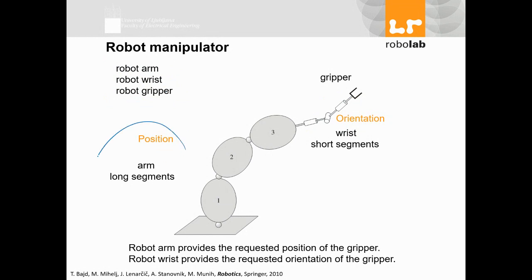Position is normally determined by the arm, and orientation is normally determined by the wrist. Not exactly, but roughly. Position is mostly controlled by the arm, and orientation by the wrist. The robot arm provides the requested position of the gripper, and the robot wrist provides the orientation of the gripper.